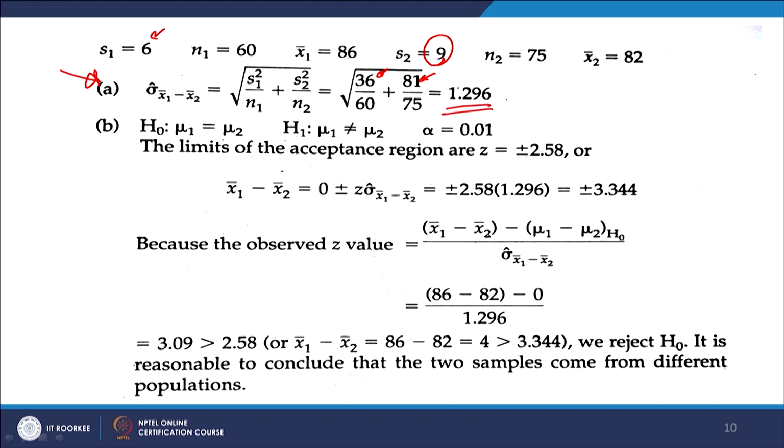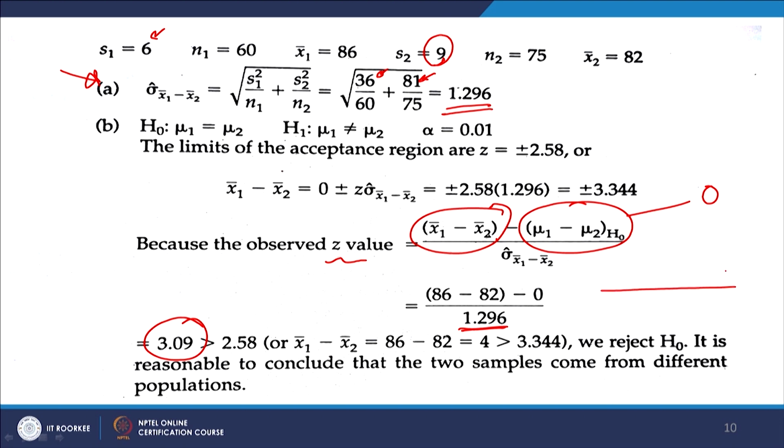So, it is 1.29. Now, when you calculate z value, this is the difference you can easily calculate. So, 86 minus 82, this term is 4, this term is 0. So, 4 divided by 1.296, you will get 3.09.